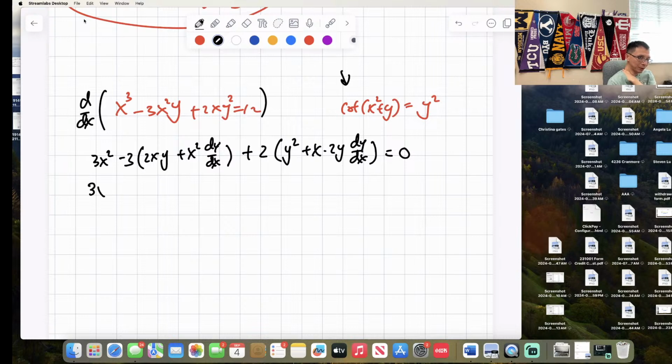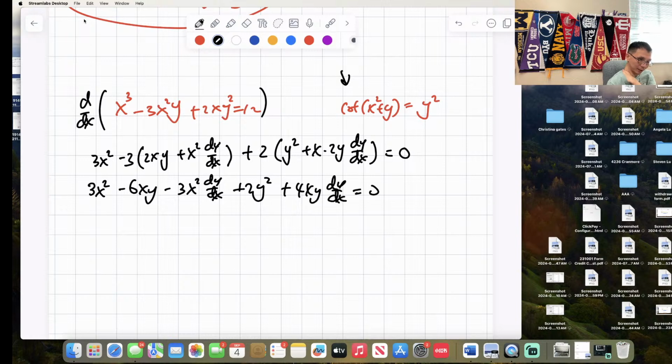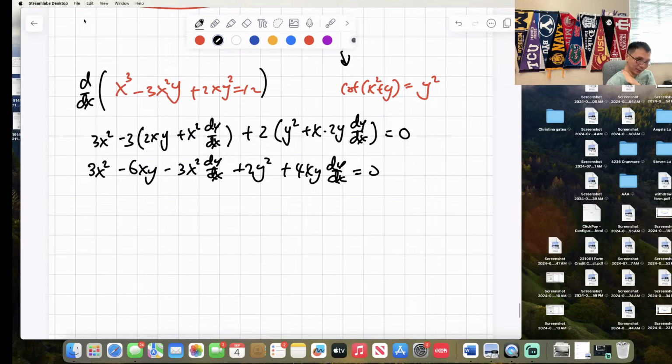So then you just have to do 3x squared minus 6xy minus 3x squared dy dx plus 2y squared plus 4xy dy dx is equal to 0. So everything on the other side, so it'll be negative 2y squared plus 6xy and the minus 3x squared. And you can factor out dy dx on this side.